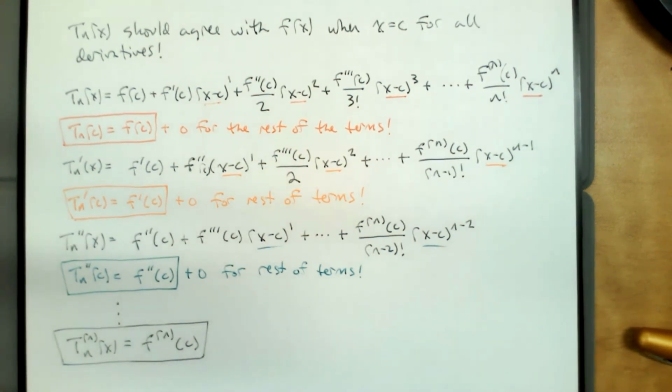At this point, the Taylor polynomial is out of derivatives, and so it just says 0 for the rest. Any questions?